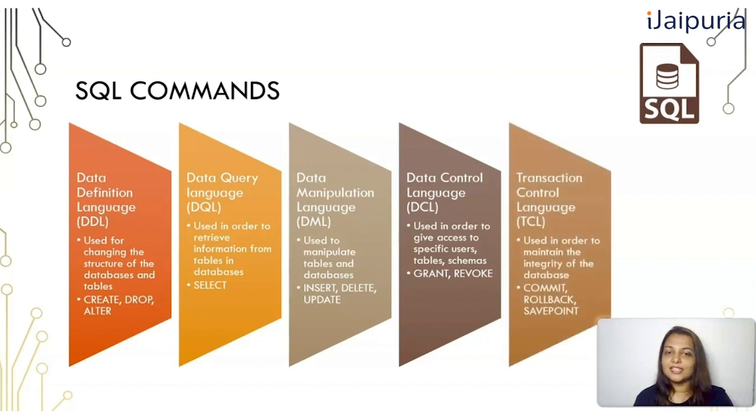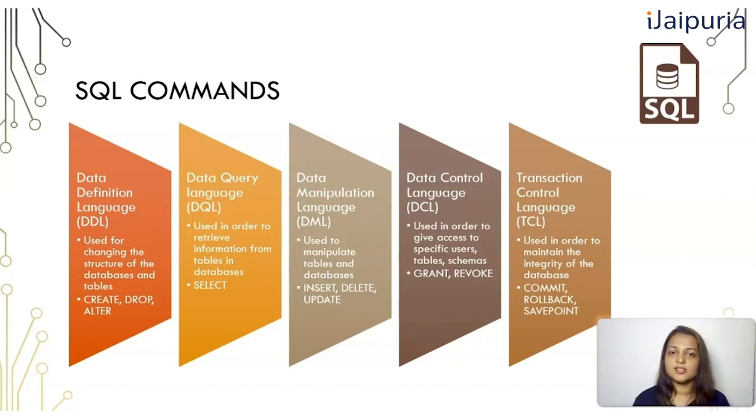And the next category, and the last one, is transaction control language. Transaction control language specifies that I want to ensure the integrity of my database. So say, for example, I am trying to add some records via an app or via a client. The client is going to be sending some records via a request. Sometimes, due to network errors or connection errors, the connection could not be established with the server.